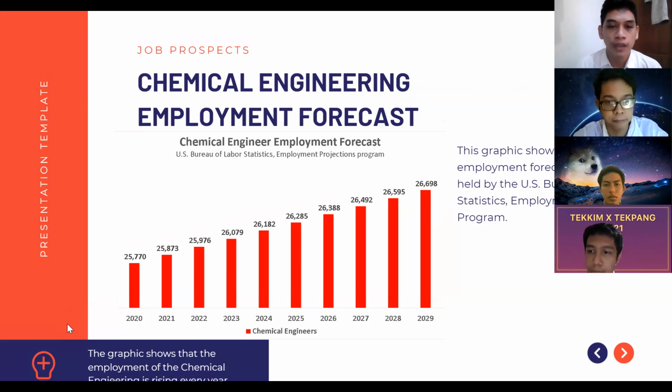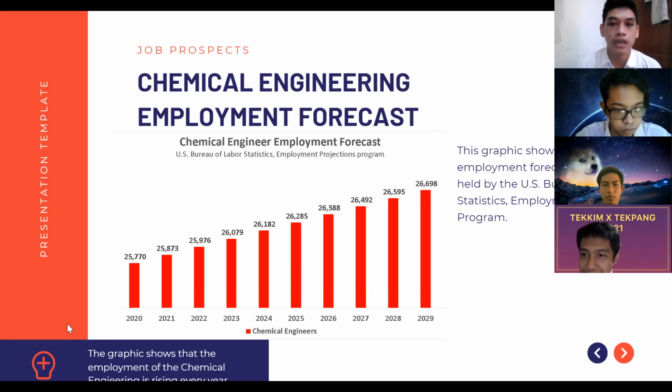Now we are going to discuss the chemical engineering employment forecast. This chart is taken from the US Bureau of Labor Statistics Employment Projections Program. This chart shows the need for chemical engineers in the chemical industries from the year 2020 until 2029.